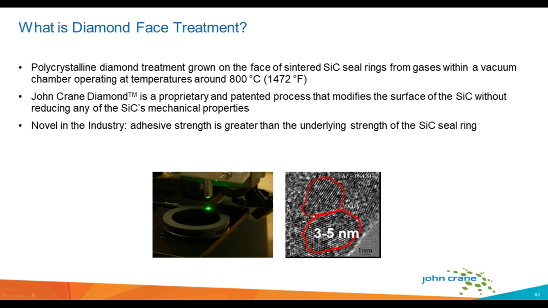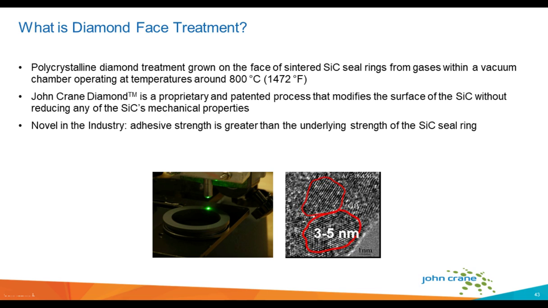When you typically hear coatings or things of that nature, you tend to be concerned about delamination and flaking off of a coating. Well, because of the application and the process of applying this treatment to the seal face, and John Crane's done some testing in terms of adhesion strength per ASTM standards, the actual treatment adhesion strength is far greater than that of the silicon carbide substrate.